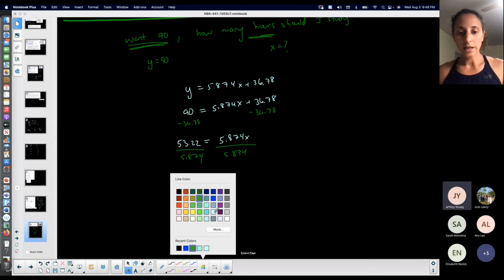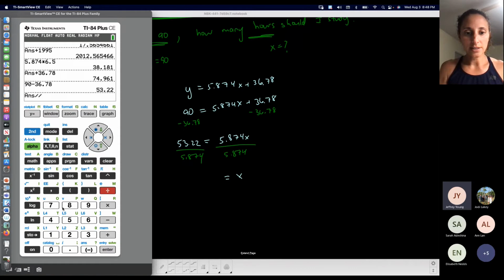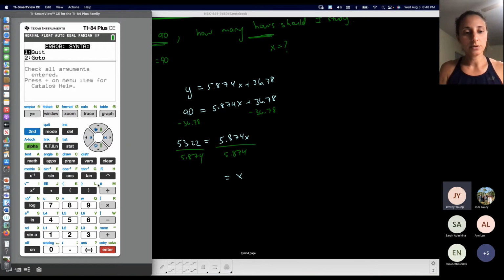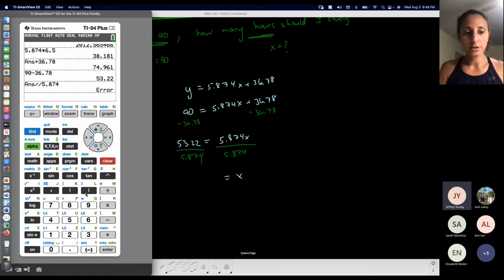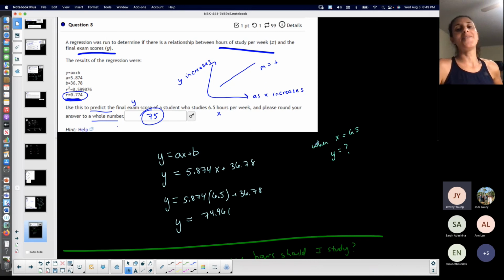So x is 53.22 divided by 5.874. Okay, approximately 9 hours. 9.06. Now this is not from the actual homework. I just added it, just for the heck of it, because it's a great example.